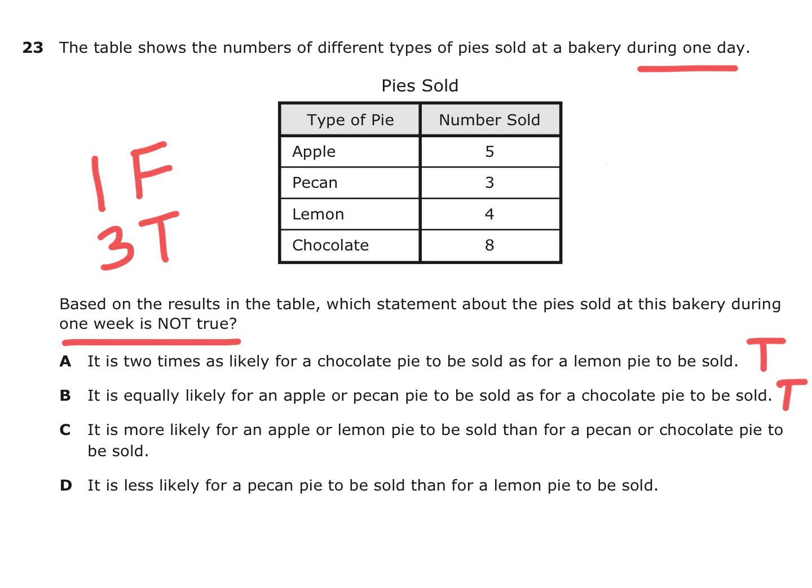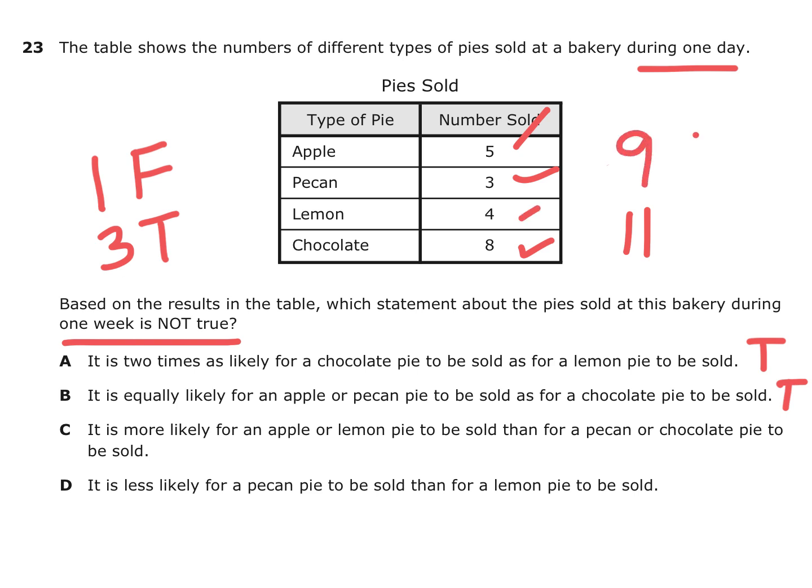For part C, it is more likely for an apple or lemon pie to be sold than a pecan or chocolate. Well, pecan or chocolate, you're going to have 3 and 8, that's 11 for pecan and chocolate. And apple and lemon, apple was 5 and lemon was 4. 5 plus 4 is 9.